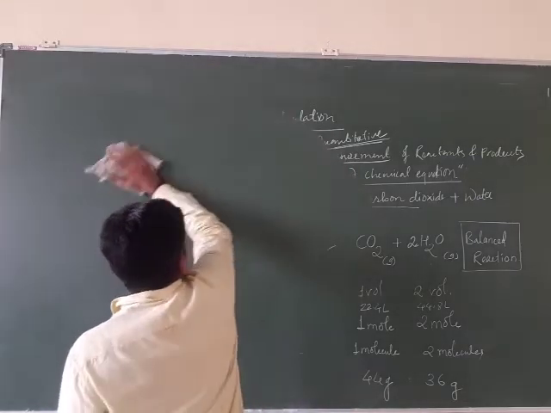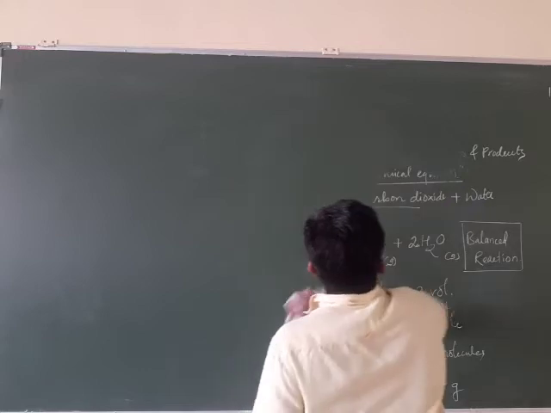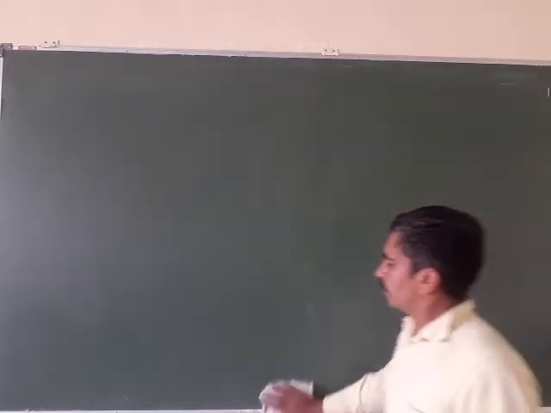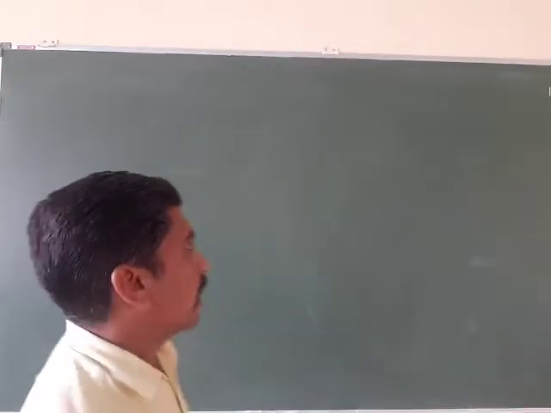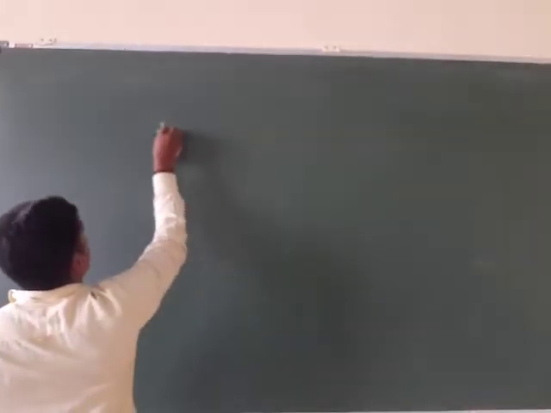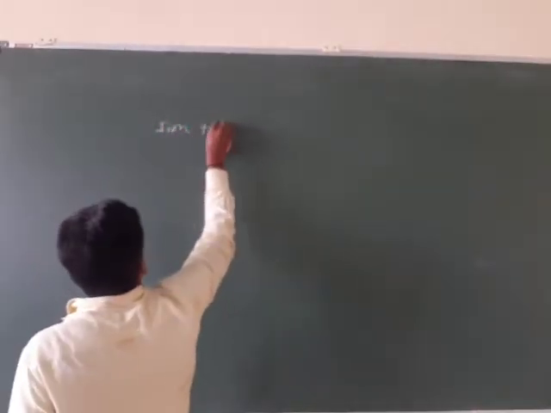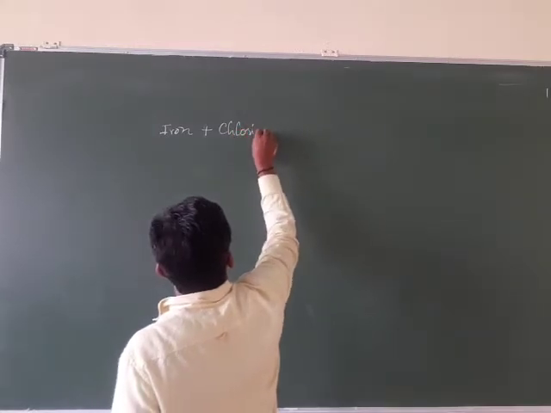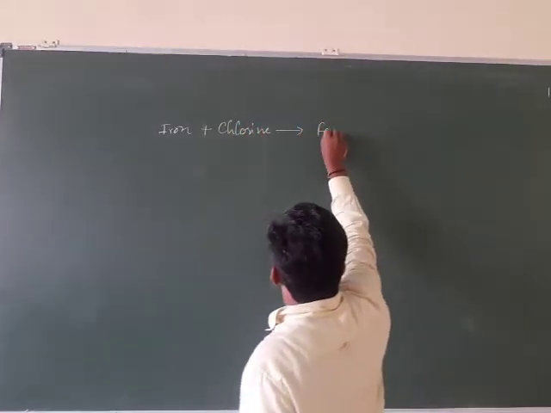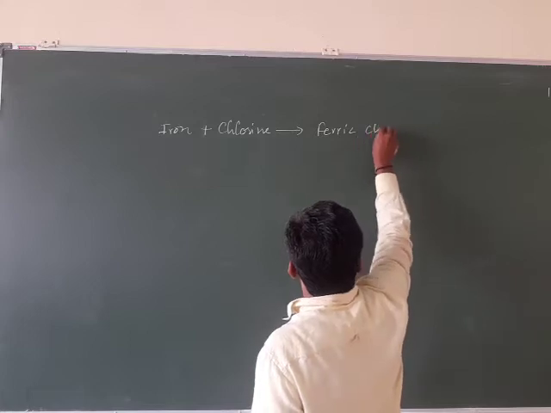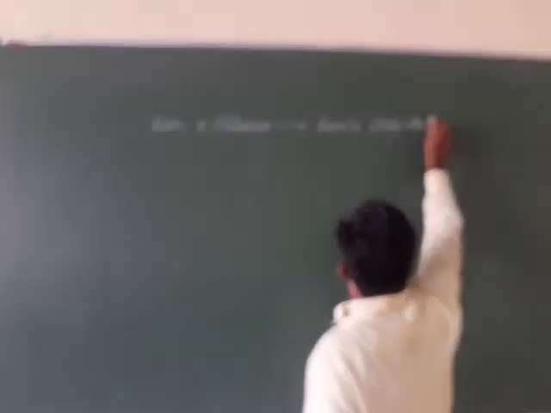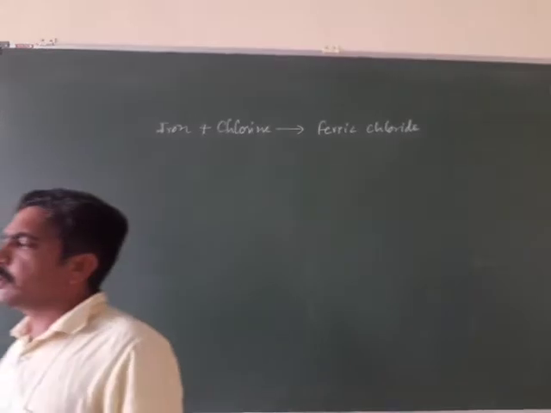For example, we will take the reaction of iron with chlorine to produce ferric chloride. During balancing the chemical equation, we have to follow different steps.